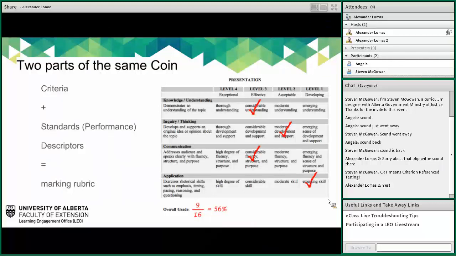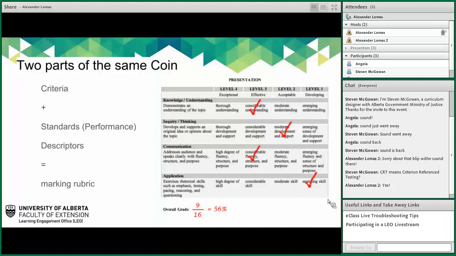And then when you have the criteria, I'm mixing them up. When you're over here with the performance descriptors, you've got thorough understanding, considerable, moderate, emerging. So you're literally sitting there and saying, okay, this person was effective, acceptable, effective, emerging. Here's the grade. They know exactly what they did and how they did it. Add to that some feedback, some actual written comments as to why they got these spaces.